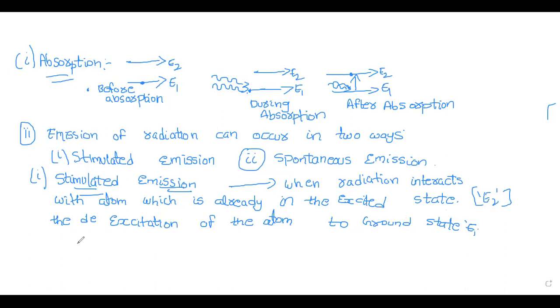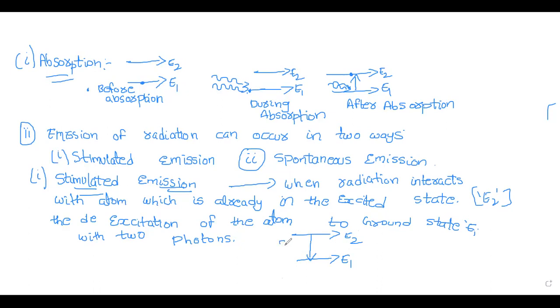Now, what does this look like semantically, and how does it come back with two photons? When you see this type of figure, this is E2, and this is E1.